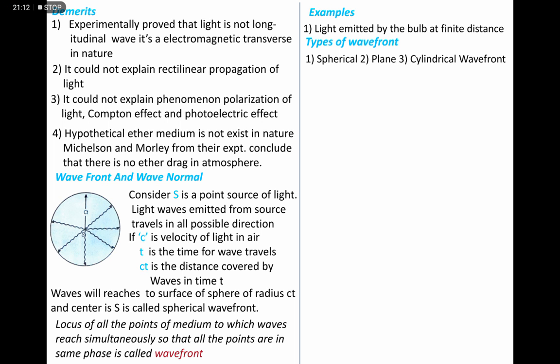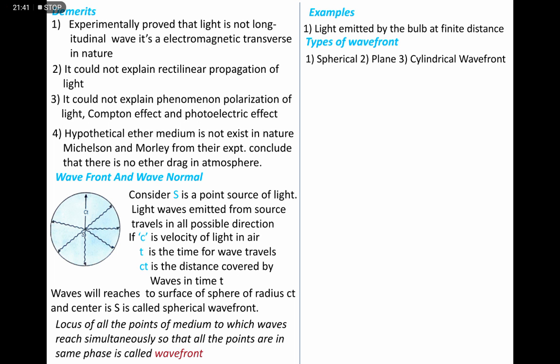If we cut a small part of this blackened surface, light waves will come out from that part. The whole surface is spherical, but a small part of the sphere is a plane. So the light waves coming from the plane surface form the plane wavefront.